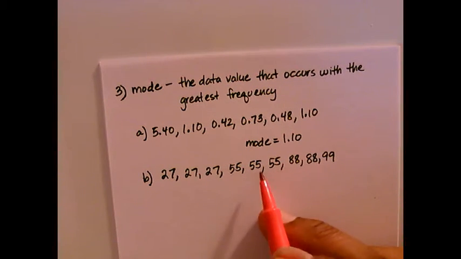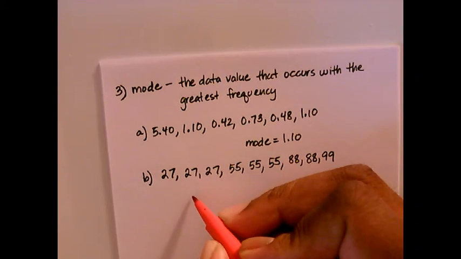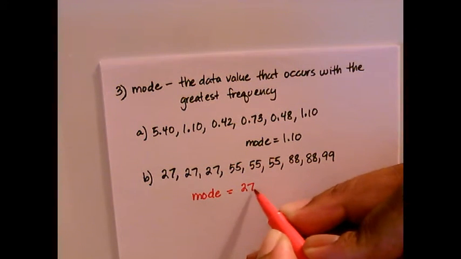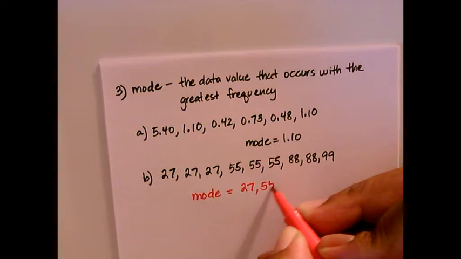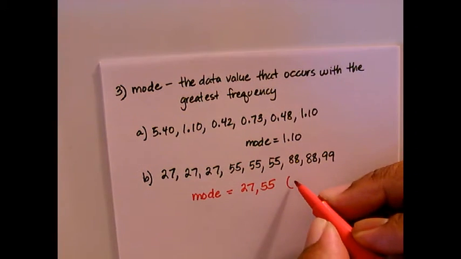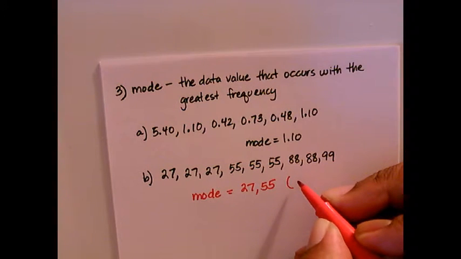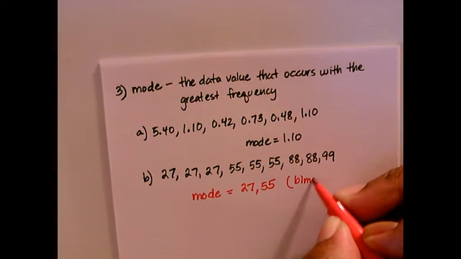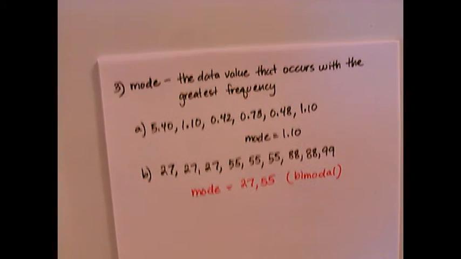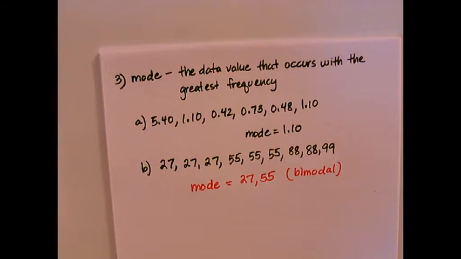Also, I have 55 appearing 3 times. So here I got 2 modes, 27 and 55. Now this is what we call bimodal, because it has 2 modes. Now if there's more than 2 modes in this set of data, we can call that multimodal. Okay?